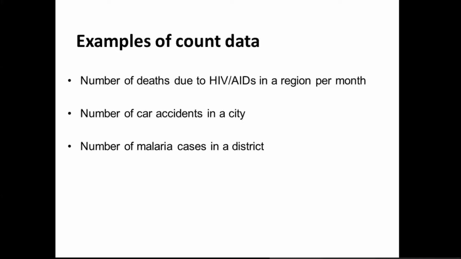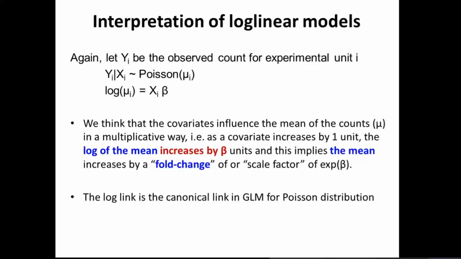Now let's take the logarithm of the outcome variable, which is y, or counts. Again, let yi be the observed count for experimental unit i. For individual i, let's assign yi as the number of counts.